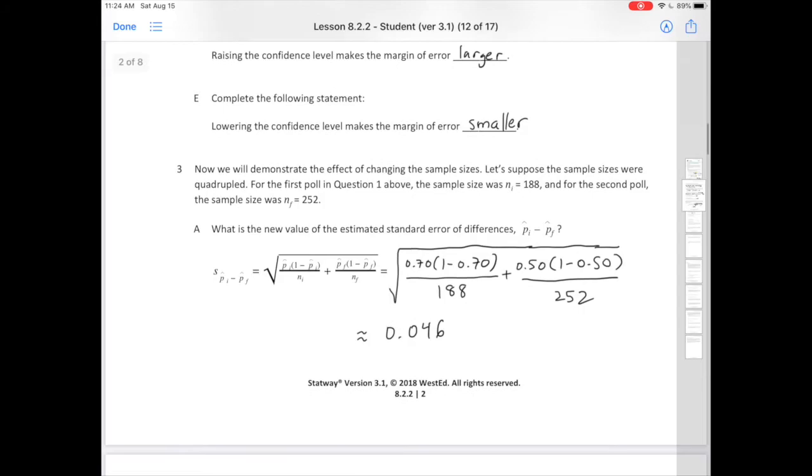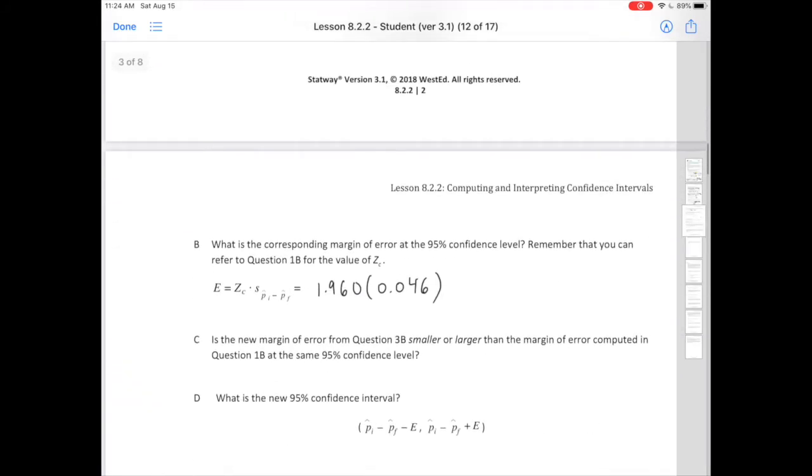What do you think is going to happen? We're going to end up getting a smaller answer, so let's see. If I multiply those two numbers, I end up with 0.090.